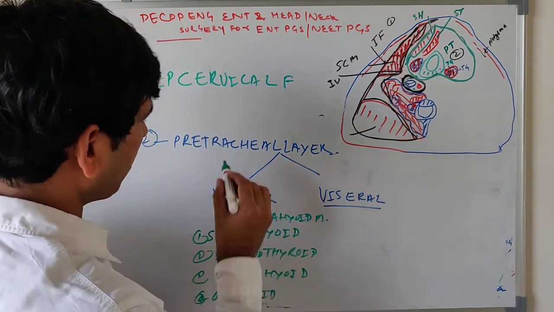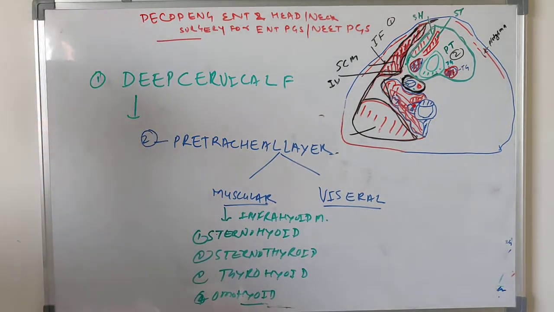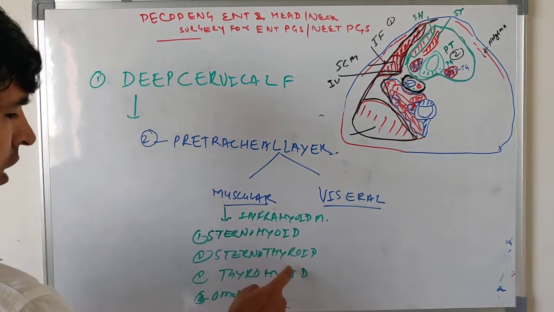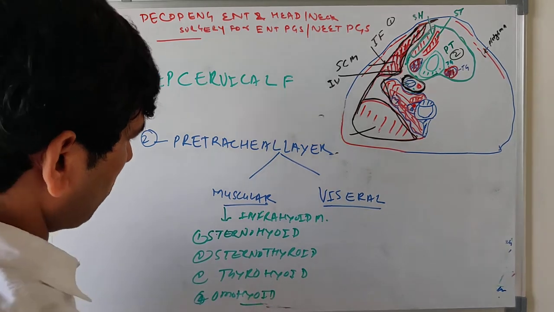This muscular layer of pretracheal fascia covers the sternohyoid, sternothyroid, thyrohyoid, and omohyoid muscles.